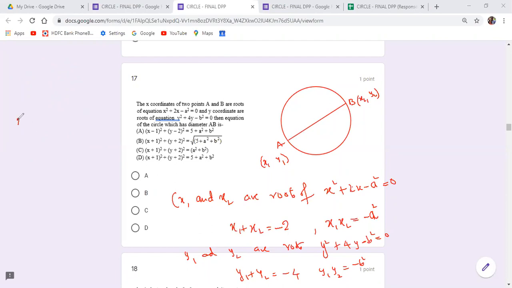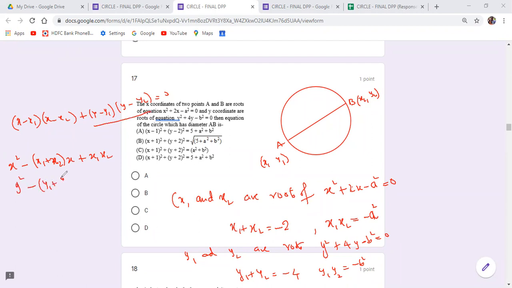So (x minus x1)(x minus x2) plus (y minus y1)(y minus y2) will be the equation of the circle. If you expand this, you'll get x square minus (x1 plus x2) into x plus x1 x2. When you open the other one, you'll get y square minus (y1 plus y2) into y plus y1 y2.